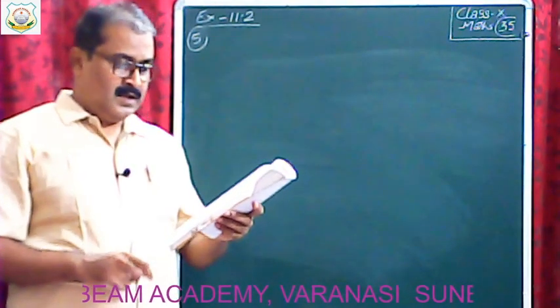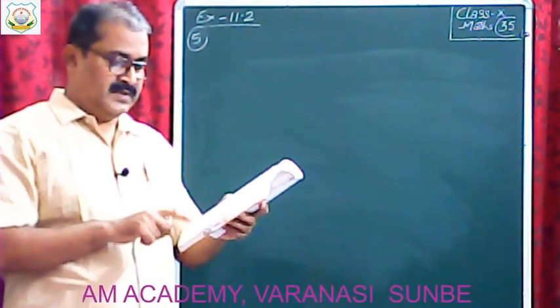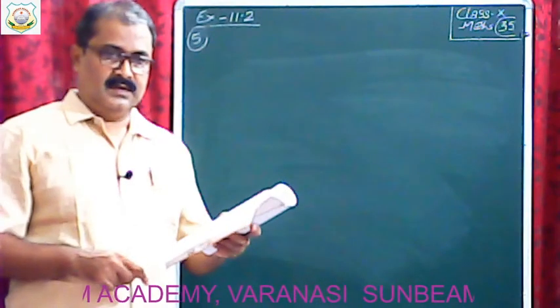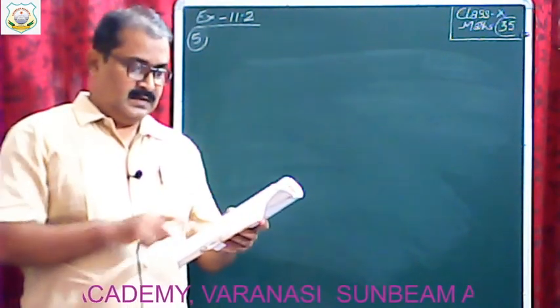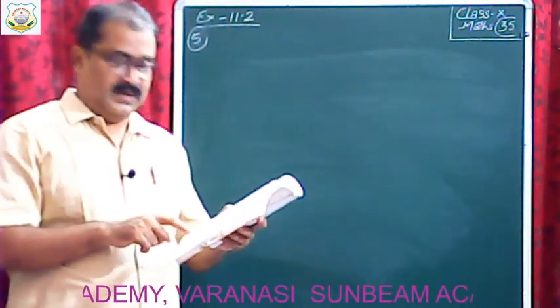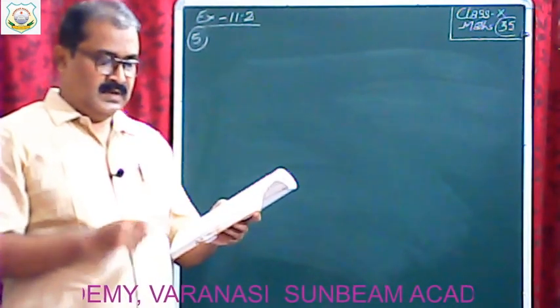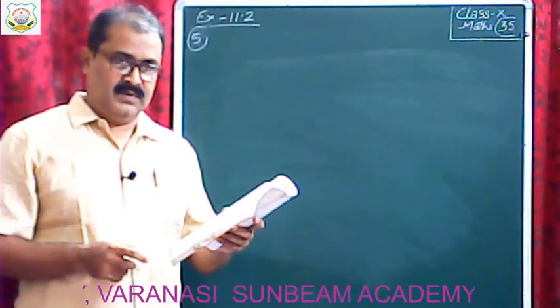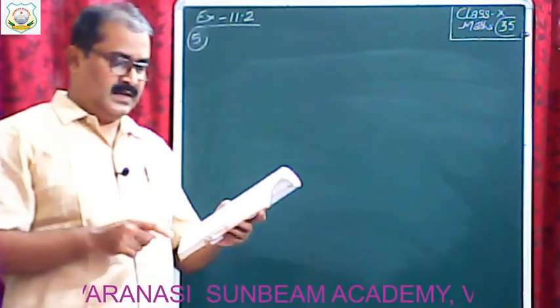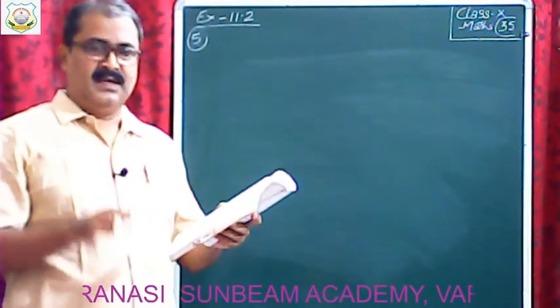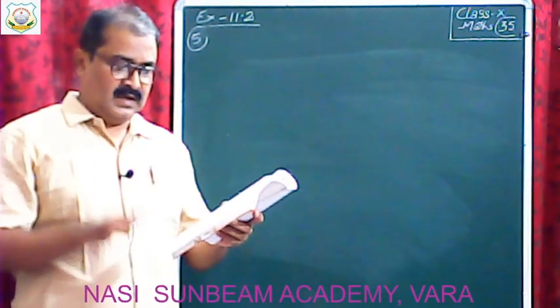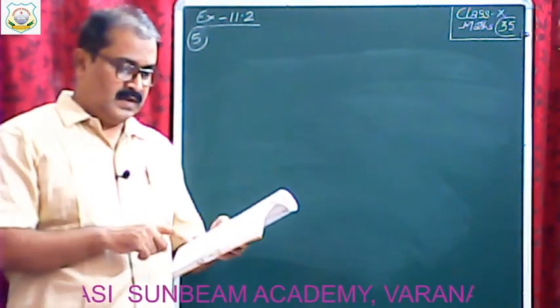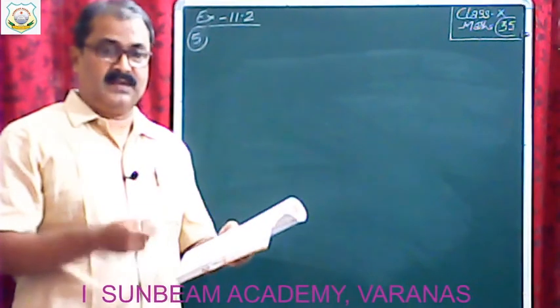Construct tangents to each circle from the center of the other circle. I repeat again: draw a line segment AB of length 8 cm, taking A as center draw a circle of radius 4 cm, and taking B as center draw another circle of radius 3 cm. Construct tangents to the circle from the center of the other circle.